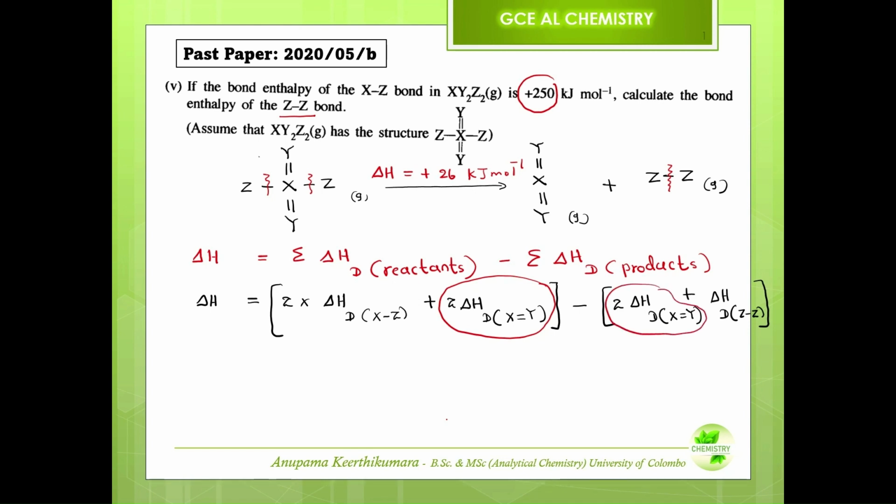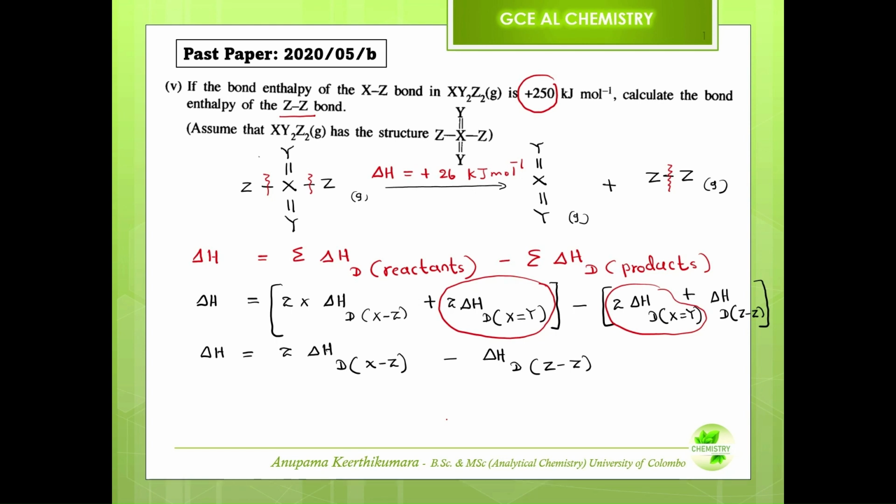So these two values will cancel out and then we can modify this equation. Delta H equals 2 times bond dissociation of XZ bond minus bond dissociation of ZZ single covalent bond.